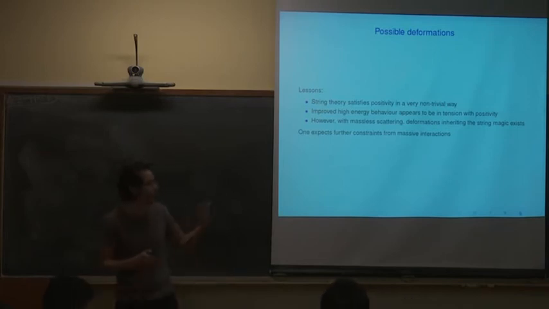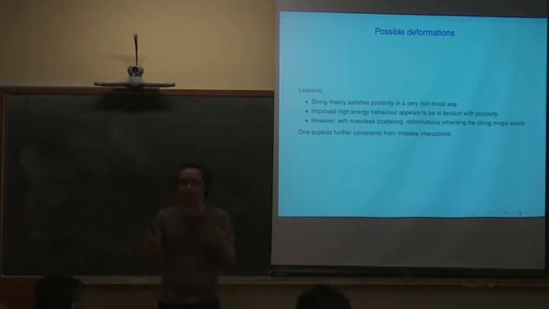And the way that string theory evades this is that in that discussion, there was an assumption that the spectrum was arbitrary. The string theory spectrum was not arbitrary, and it's integer spaced. That means that the sum of two integers is still an integer. So this degree polynomial growth doesn't happen in string theory.